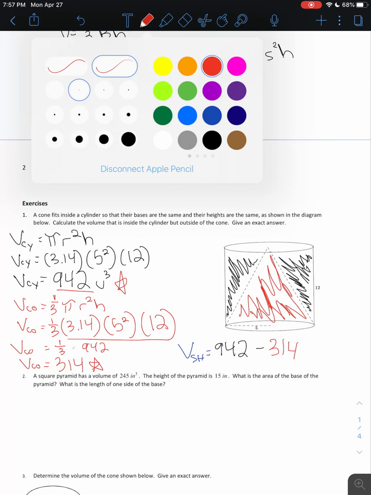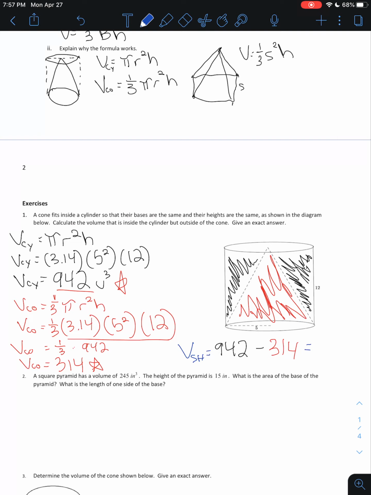All that is equal to 942 minus 314, and you should get 628. Again, we could say units cubed just to emphasize that it's volume. This number is a measure of the amount of space between the whole cylinder and the cone.